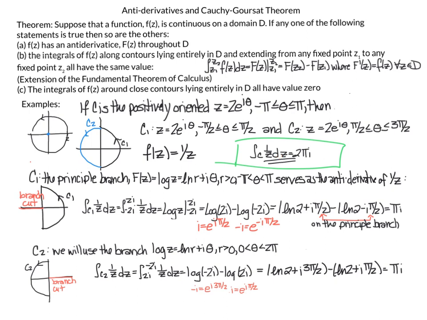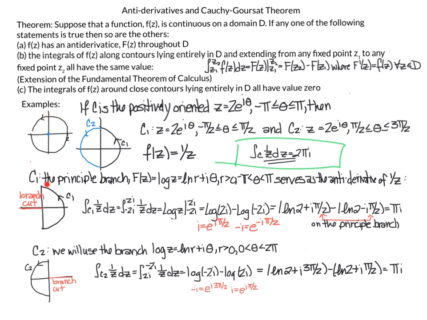This example not only illustrates this theorem, but it tells us what to do when we have a multi-valued function where we have to choose a branch. And again, the reason we had to choose a branch in this case is our capital F of z, our antiderivative, was a multi-valued function. Whatever branch we chose for this multi-valued function was going to intersect the circle at some point.